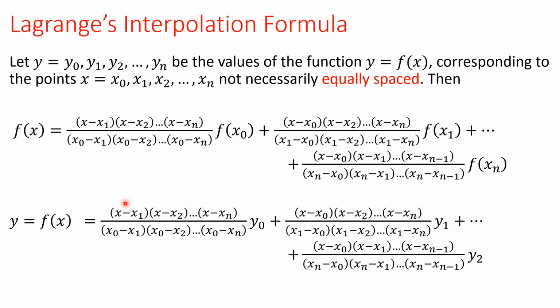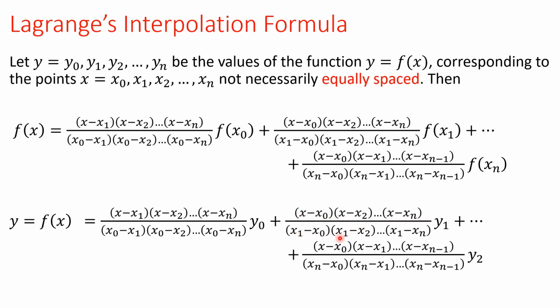You can see here in the first term we have excluded x minus x0. Look at the values in the numerator, and in the denominator, in place of x, we have replaced that by x0, into y0. Plus for the second term, we have excluded the term x minus x1. Look here, x minus x0, then x minus x2 up to x minus xn, and in the denominator just replace x by x1.